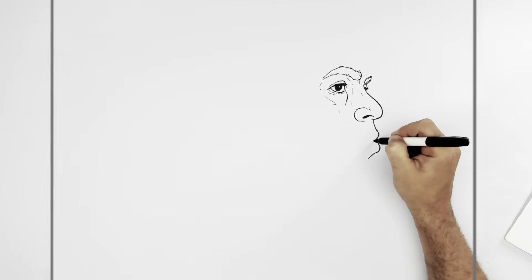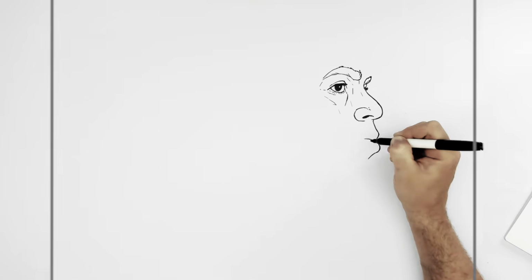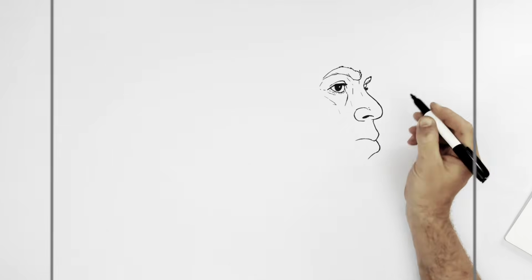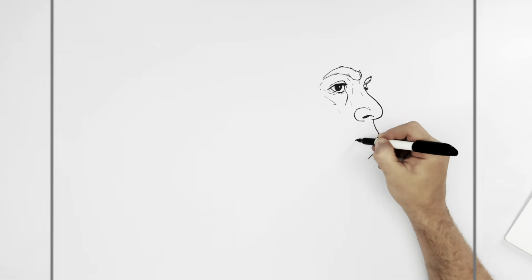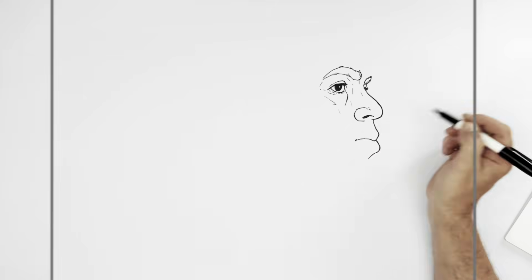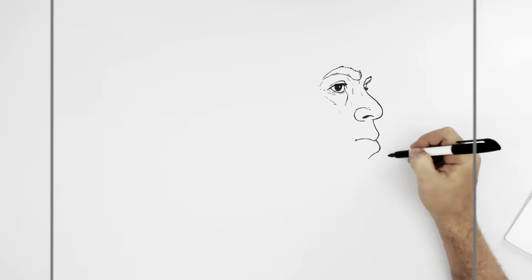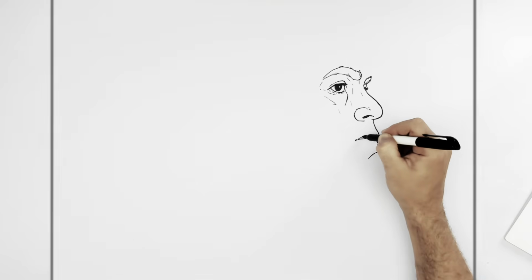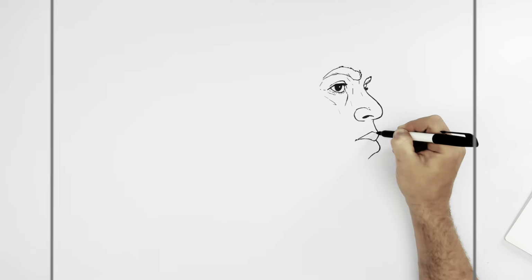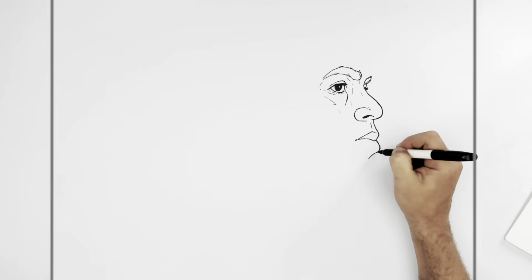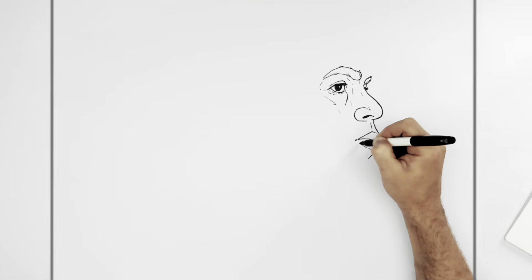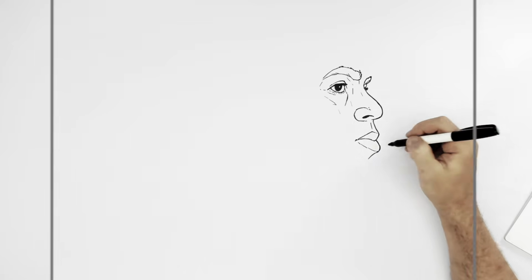So then we have the actual line for his mouth, right? Where the lips meet. And then top lip up here, down. He's got a lip line there. And then his bottom lip, quite big as well, there.